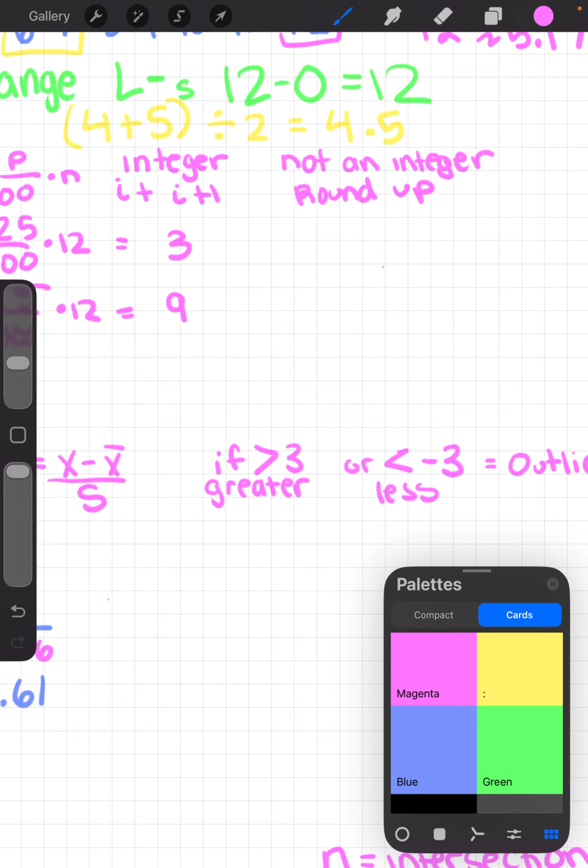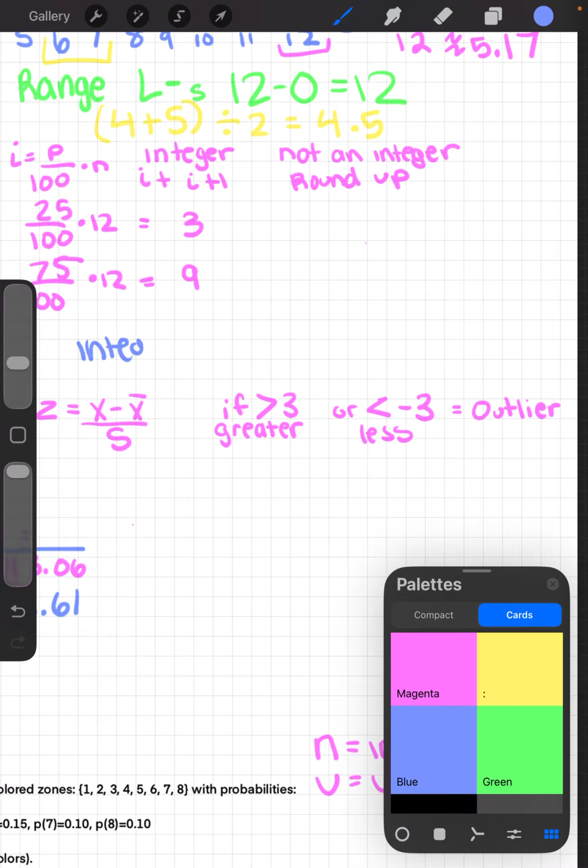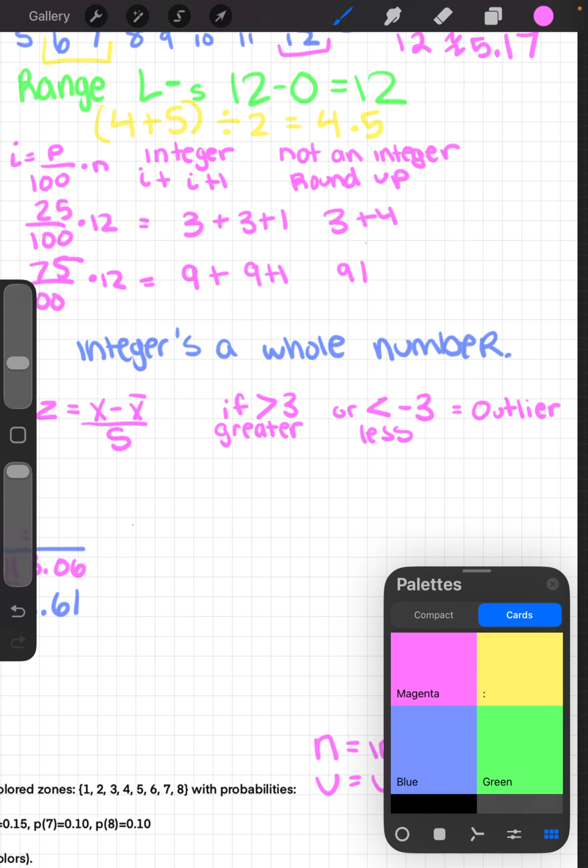So an integer is just a whole number. So this is an integer, so we would do the 3 we got plus 1, and the 9 we got plus 1, so that's going to be 3 and 4, and 9 and 10.